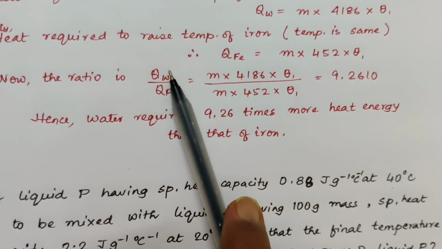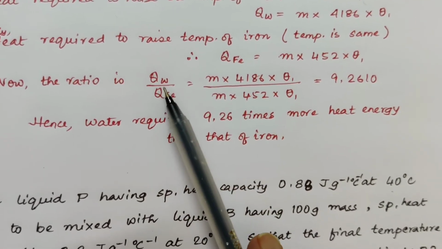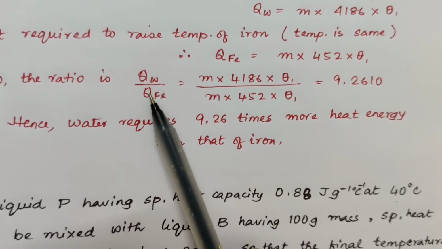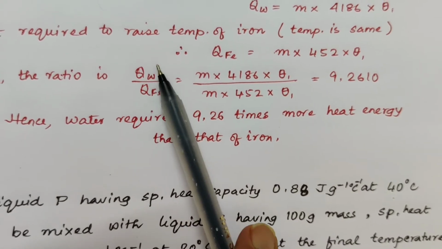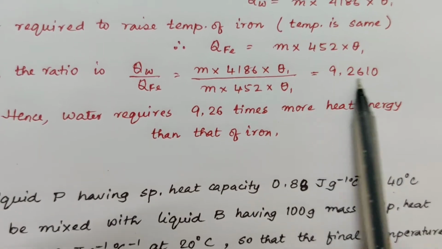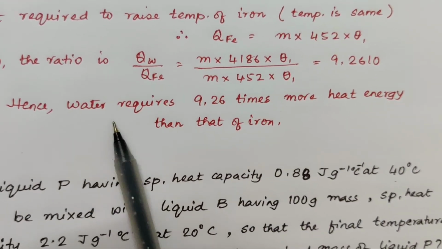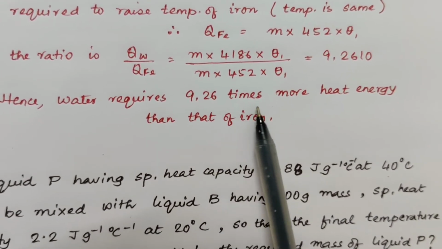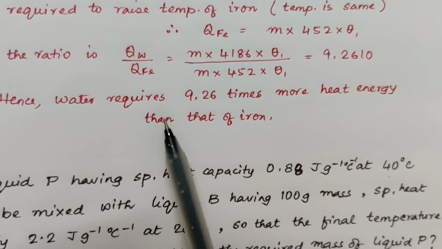Now the ratio is, since we are into comparison, we have to take the ratio. So the ratio is 9.2610, approximately 9.26. Hence water requires 9.26 times more heat energy than that of iron.